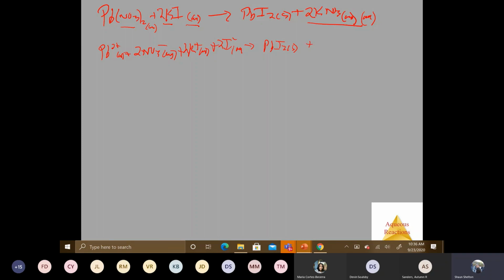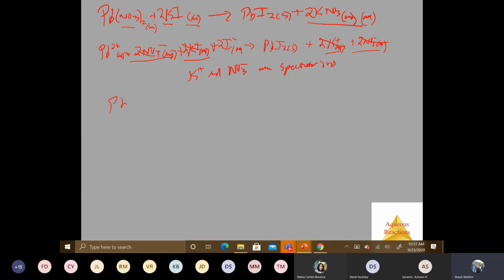All right, and then we have 2 K+ plus 2 NO3-. All right, now what you see here is that the K's, potassiums, and the NO3s are the same, and so they're going to cancel out. So potassium and nitrate are spectator ions. All right, now carry down what's left over.